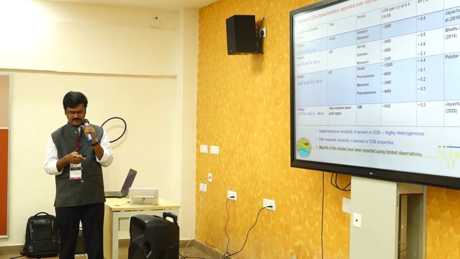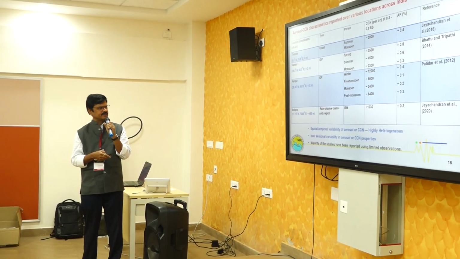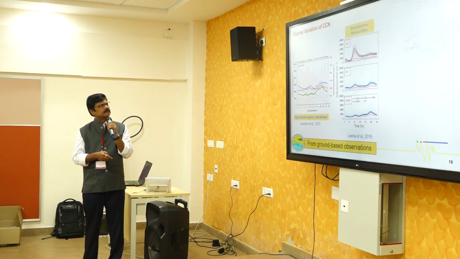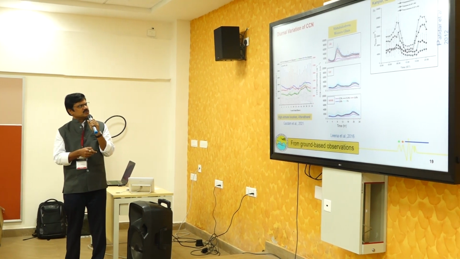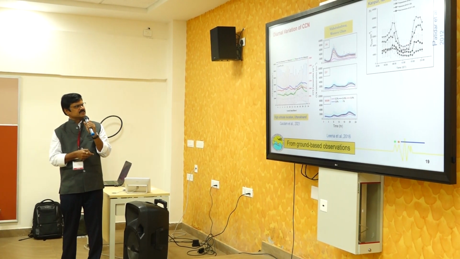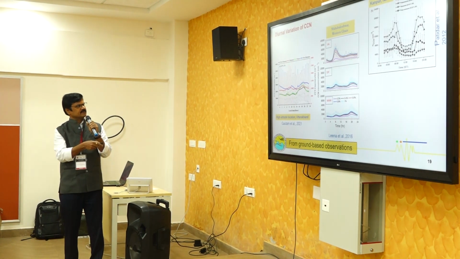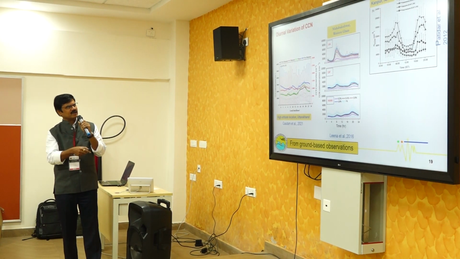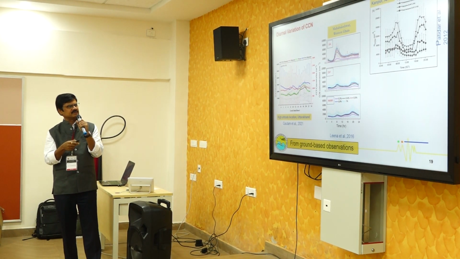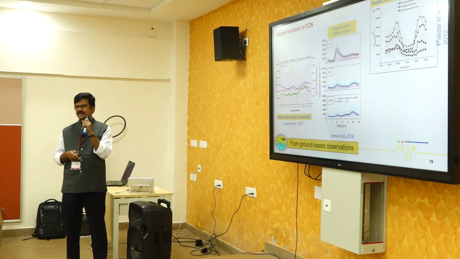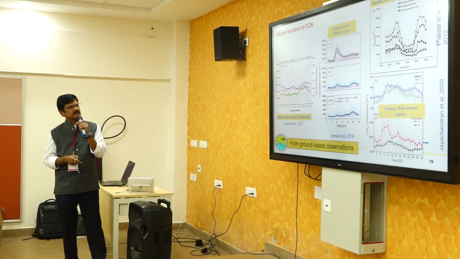So we also see different types of interseasonal variability. This shows the diurnal variation in different regions. In Uttarakhand, you can see a different diurnal variation. Mahabaleshwar has a different diurnal variation. In Kanpur, you have a different diurnal variation. It depends on the sources prevalent in those regions.